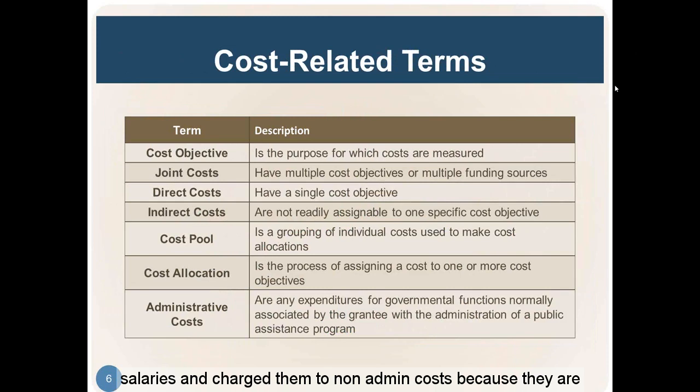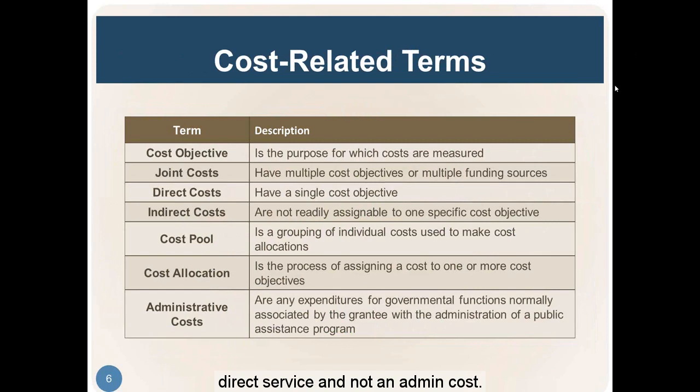because they are actually working directly with the households, probably involving some case management or, as David was hinting at, the main thrust of LIHEAP is providing bill payment assistance towards their heating or cooling. So that eligibility part has been viewed by some grantees as a direct service and not an admin cost.